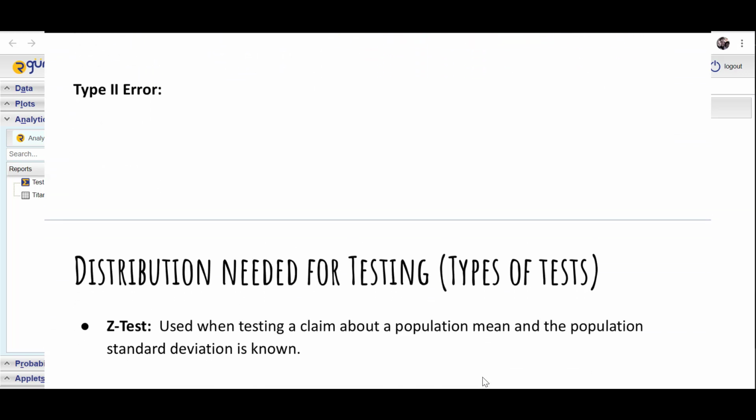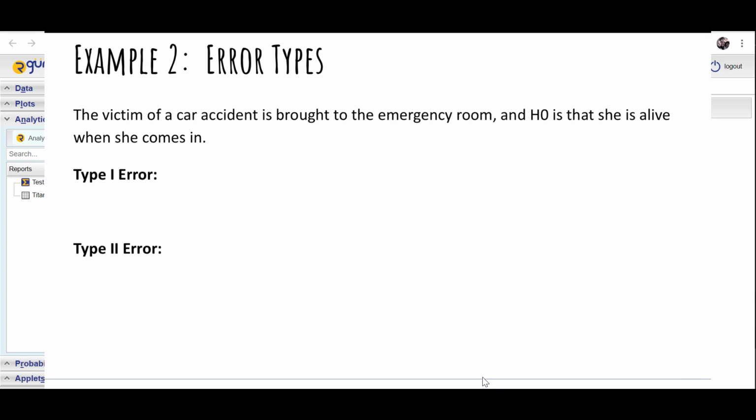All right, so why don't you pause the video and do example 2. A victim of a car accident is brought to the emergency room, and H0 is that she's alive when she comes in. And see if you can figure out what a type 1 and type 2 error each of those would imply. Okay, hopefully you paused the video and worked that.